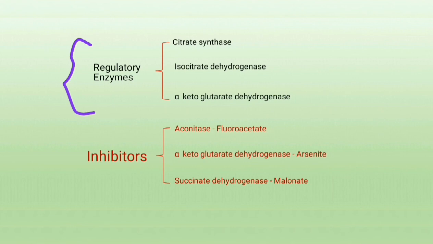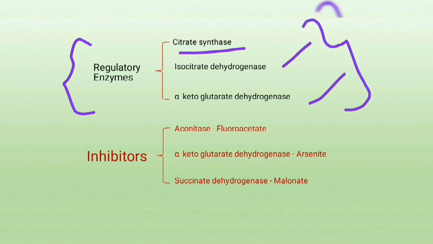If we do not require the product, these enzymes may be automatically regulated and there isn't any production of the product. So such three enzymes we have seen in the pathways are your citrate synthase, isocitrate dehydrogenase, and the alpha ketoglutarate dehydrogenase. All these three enzymes play an important part in the regulation of the TCA cycle.